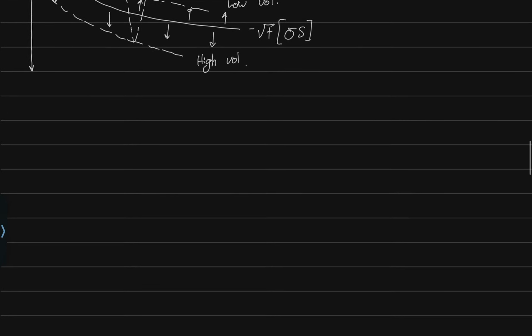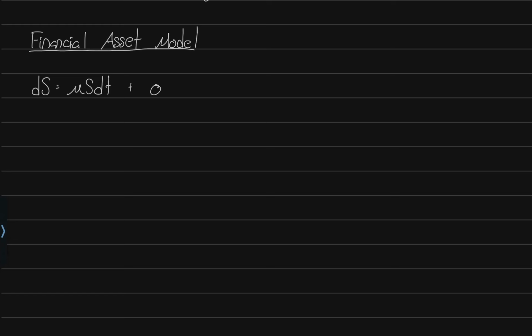Cool. So now, if we were to add this back into the model, here's going to be our financial asset model. We will have dS is equal to mu S dt plus our sigma, which represents our volatility, S dW.